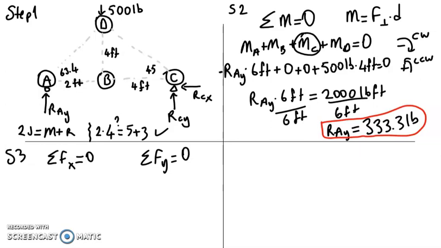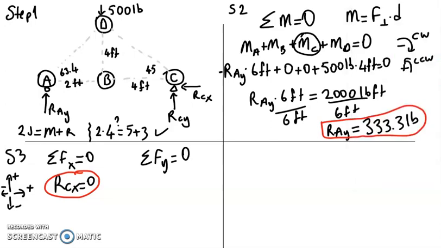Here I am choosing up positive, down negative, right positive, left negative. This is my preference; you can have your own. First, in the x direction, we only have RCX. There is nothing to balance that, so RCX is automatically, without any calculation, equal to 0.